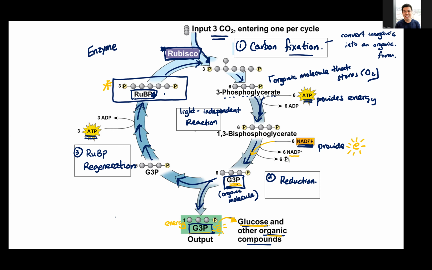So to summarize, for the light-independent reactions, there are three steps that you need to remember in sequential order. Carbon fixation using this enzyme, RuBisCO, very important. Make sure you remember the name of that enzyme. Then reduction, in which ATP provides energy and NADPH provides the electron. These two molecules come from the light-dependent reaction.